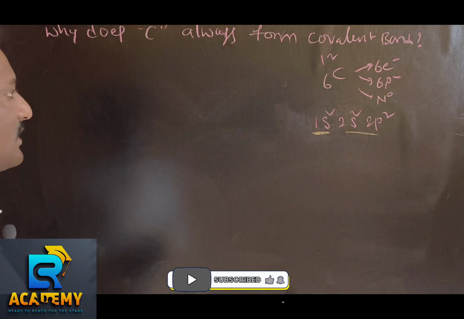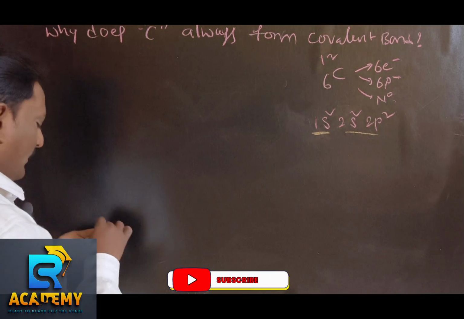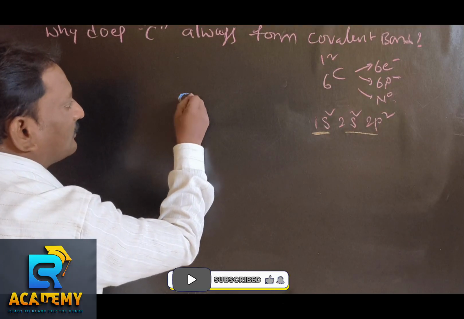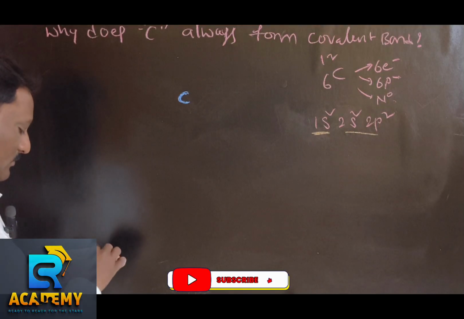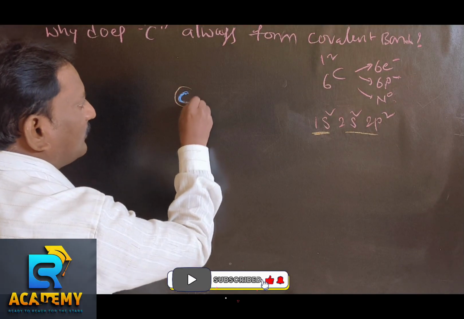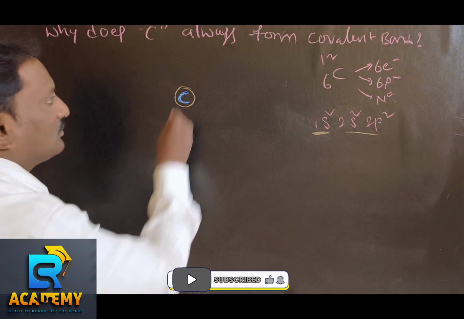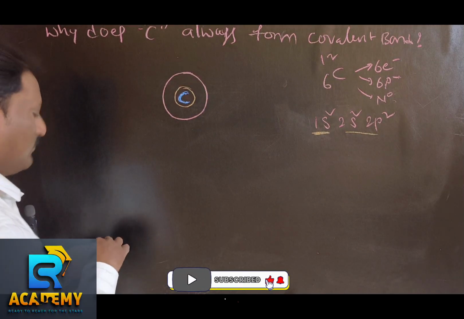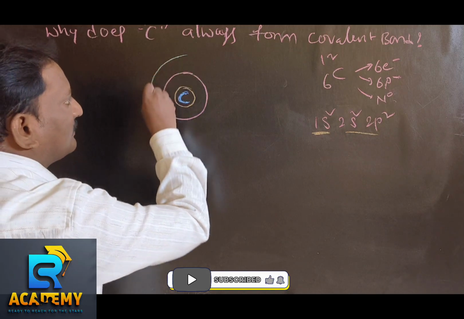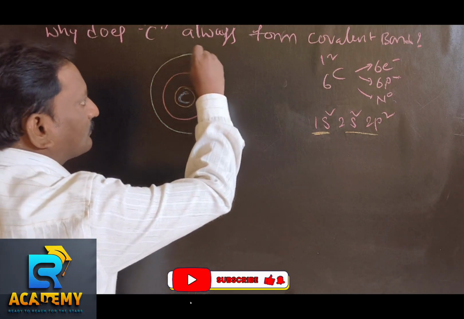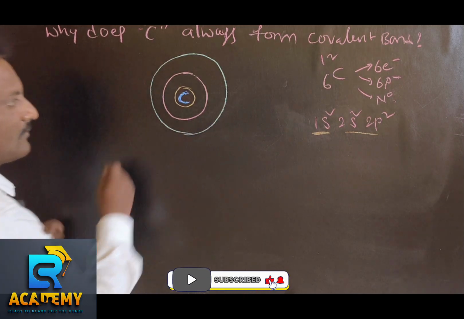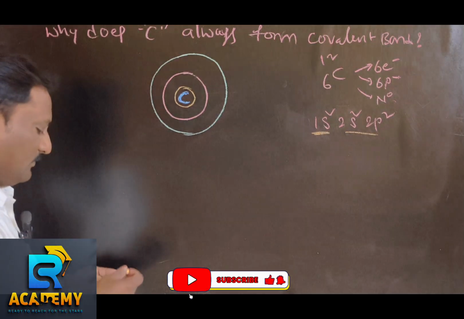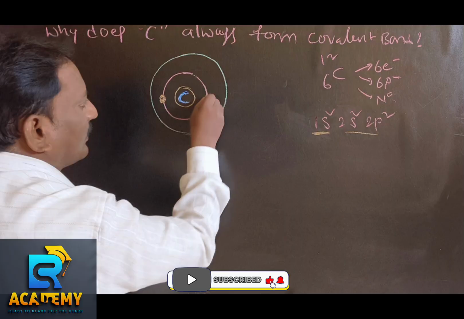Let me draw the electronic structure of carbon. Let us assume this is the nucleus of carbon. It has two shells. This is the first shell, and this one is the second shell. How many electrons in the first shell? 2 electrons.